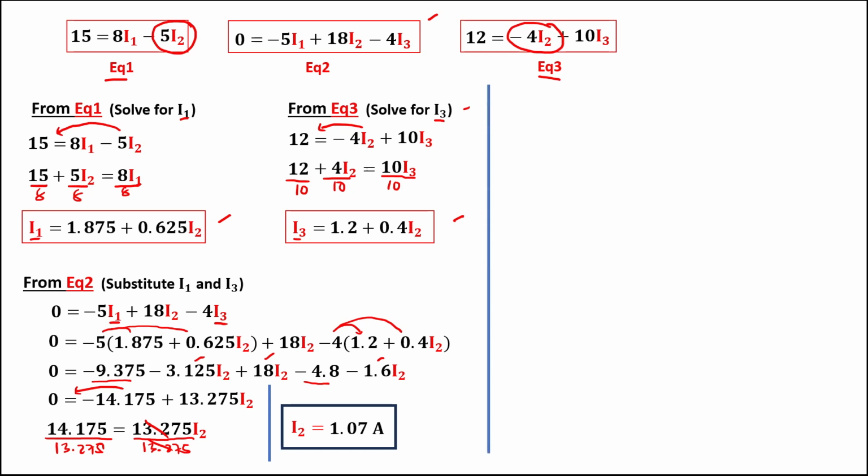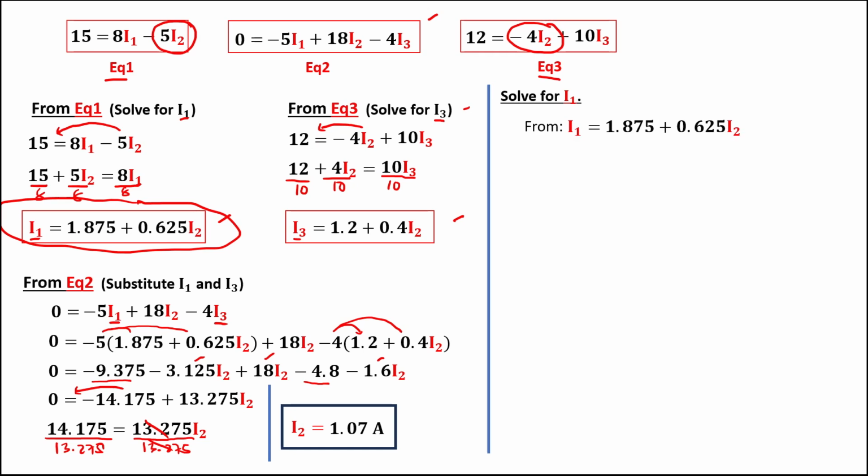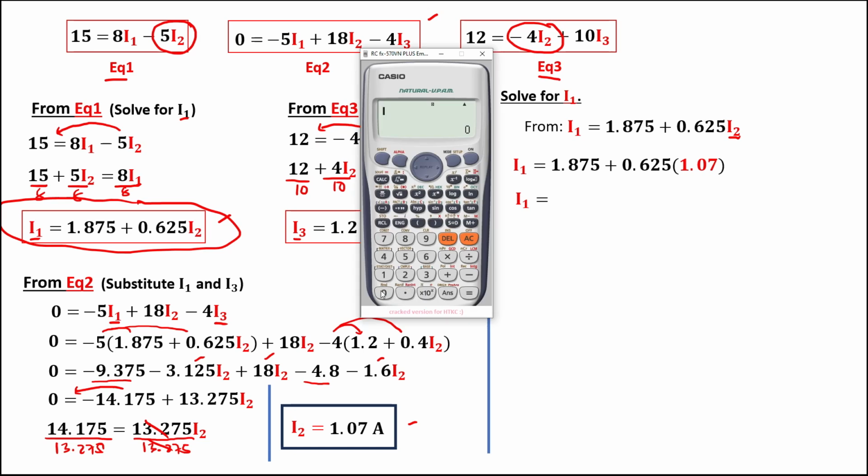Then we can now solve for current 1 from this equation. To solve for current 1, substitute the value for current 2. Since current 2 is 1.07, we have 0.625 times 1.07 plus 1.875.